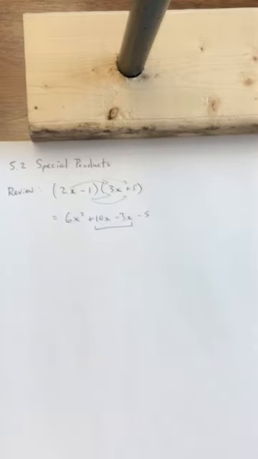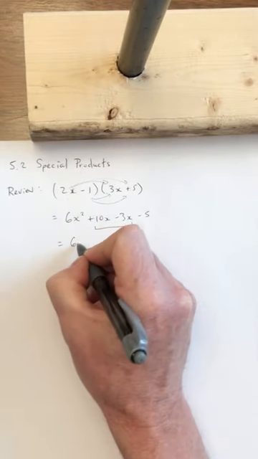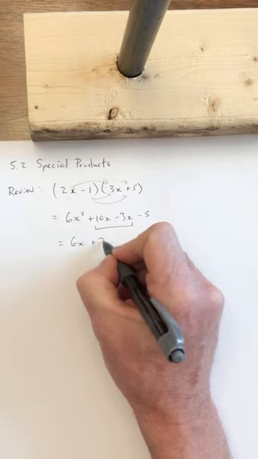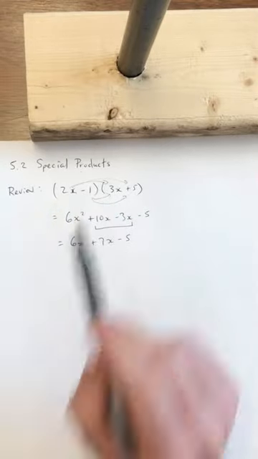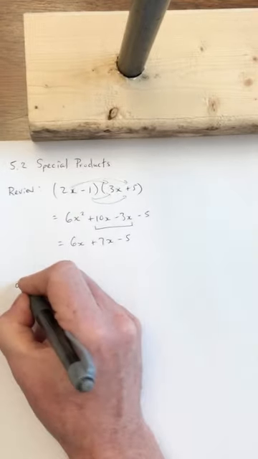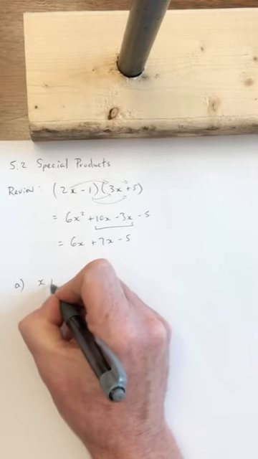And of course, we can simplify by putting those together. And we get something like that. Now, this was when we multiplied together two different binomials. A couple cases we're going to go over here.